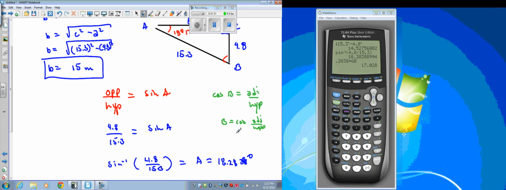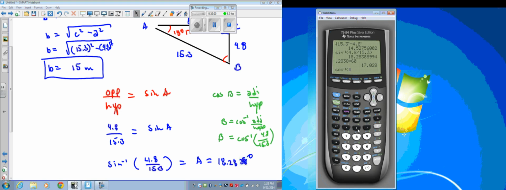And so now I'm going to put numbers in, get cosine inverse. And the adjacent is 4.8 over 15.3. And whatever that comes out to be, that's going to be that angle at B. So I'll go second cosine, that's cosine inverse.